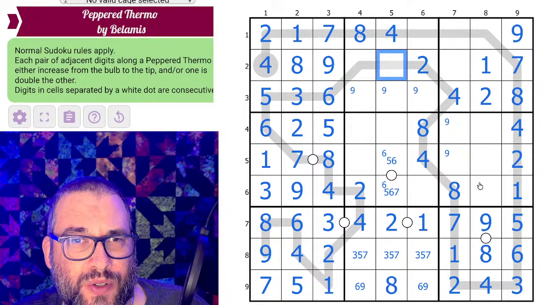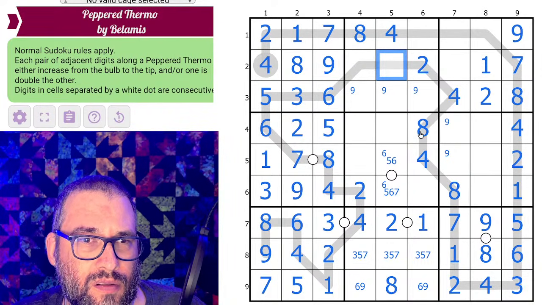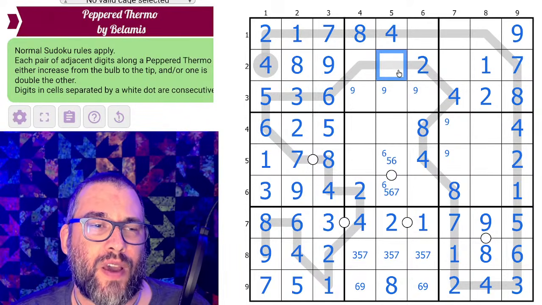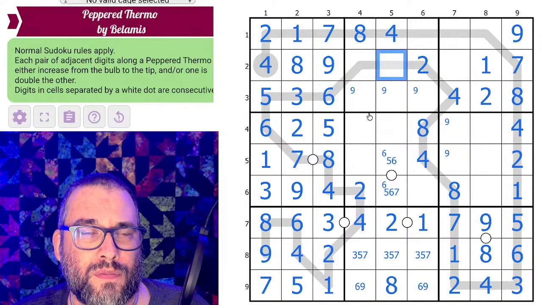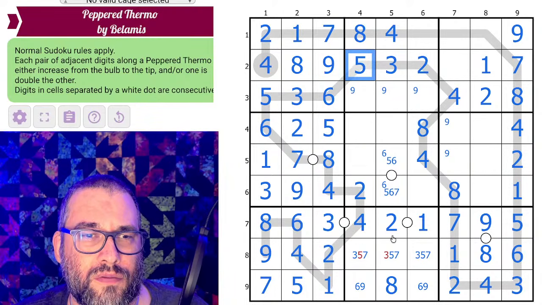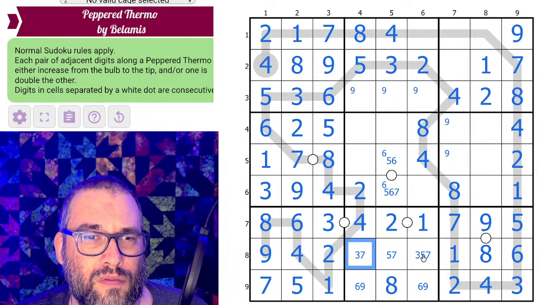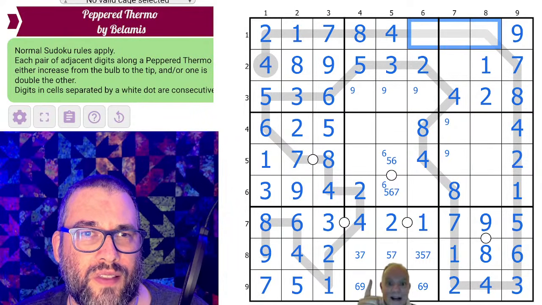Let's just do some more Sudoku. Oh, this 6 looks up. That's why that can't be 6, 3. So that is 3, 5. What's left in row 1? That's just a naked 6.